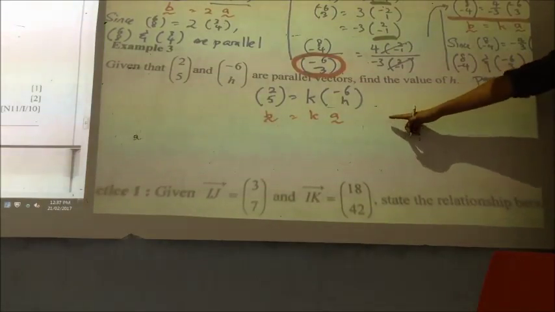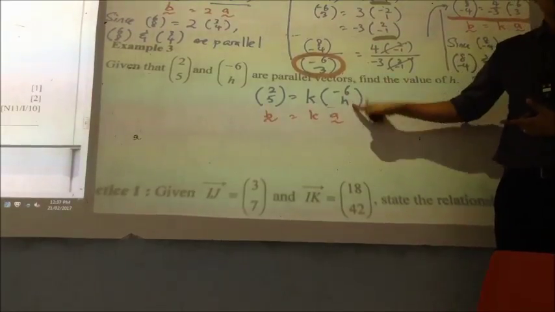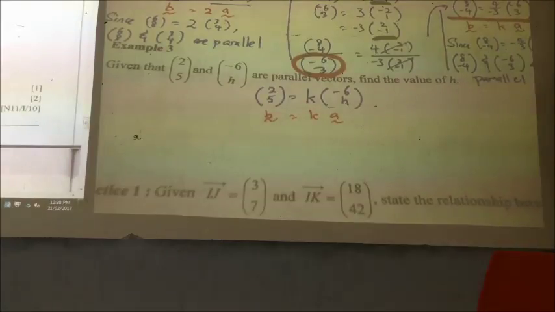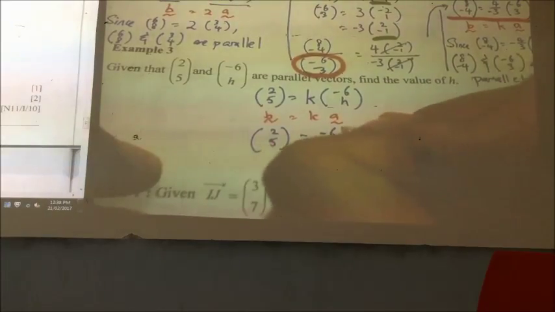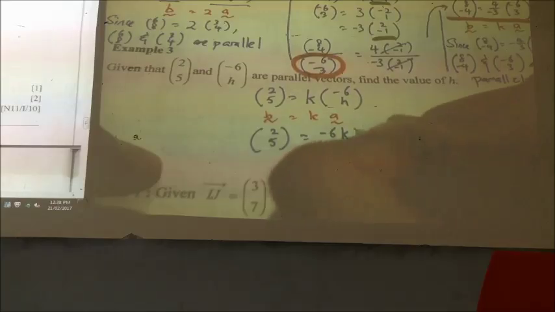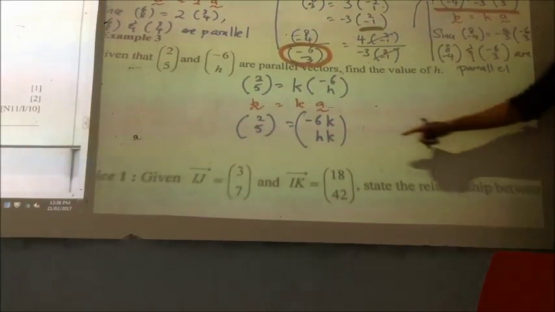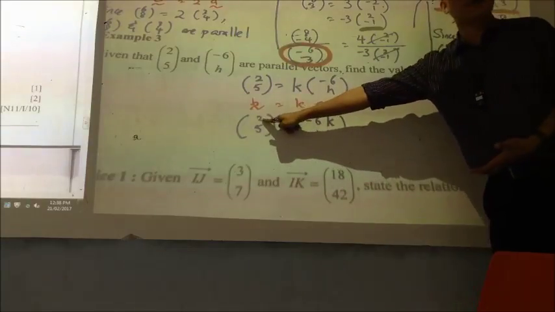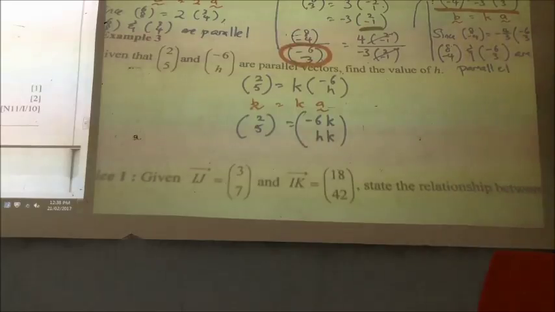Okay. How do I continue from here? Now, this k multiplies up, down, or both? Both. So I can write 2, 5 is equal to negative 6k and hk. Now, top number must be equal to top number, bottom number must be equal to bottom number.